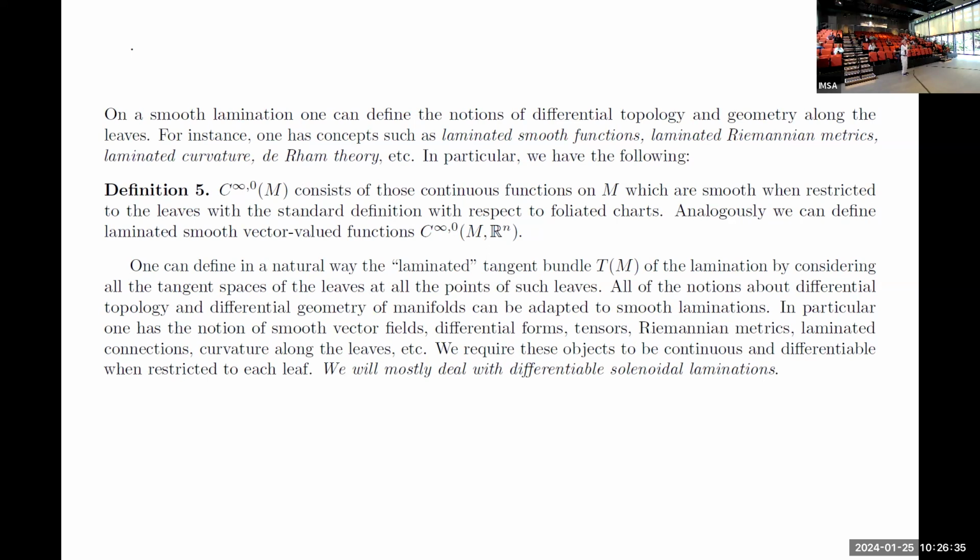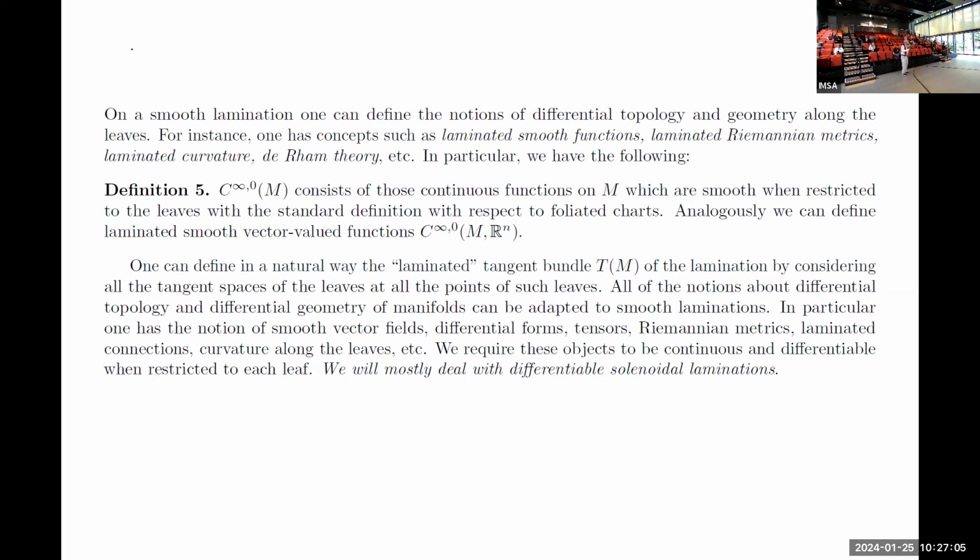In particular, you have the following definition: differentiable functions are continuous functions that are smooth along the leaves, with transverse continuity. So the leaves are manifolds. As I told you, all volumes, they say measures in volume, one particular ratio for everything.